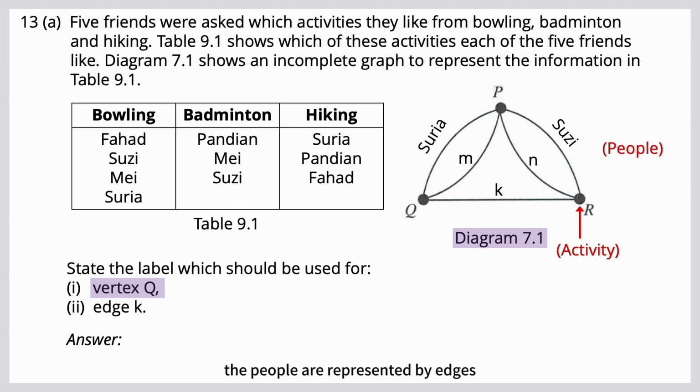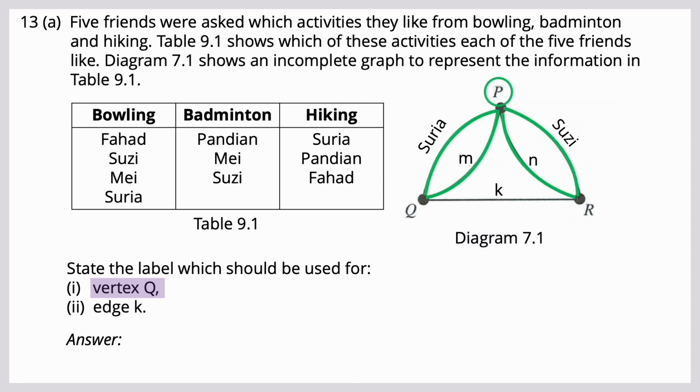The people are represented by edges. In the graph, the point P has 4 edges connected to it. That means 4 people are connected to that activity. Only bowling has 4 people who like it. So, P must be bowling.